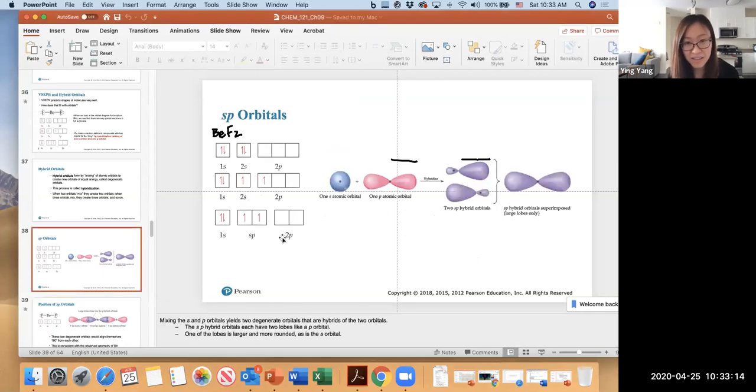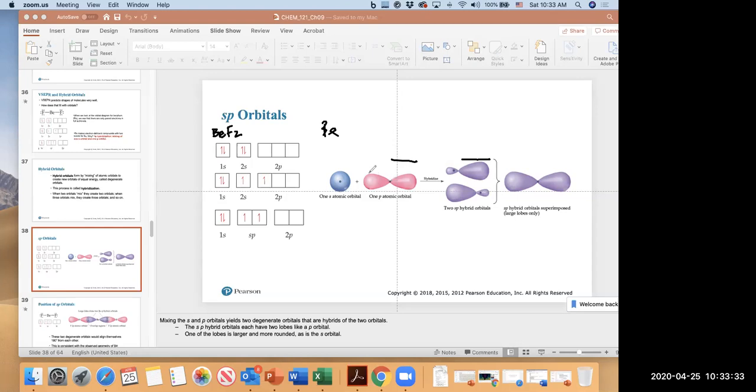If you look at this, this is how the orbitals originally look like. Originally, this is the s orbital for beryllium, and this is originally how the p orbital looks like.